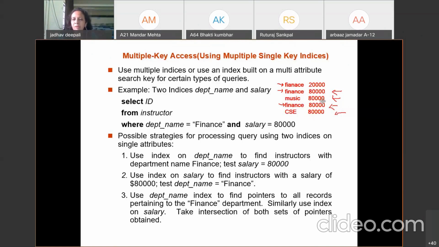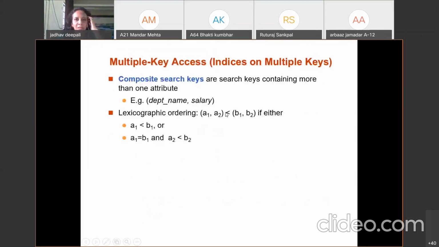When we make the intersection, we will get this tuple with finance and 80,000, and this tuple with finance and 80,000. So that simple strategy is useful. This kind of two indices or multiple indices is useful if there are multiple tuples with these values. Now see another method, indices on multiple keys.